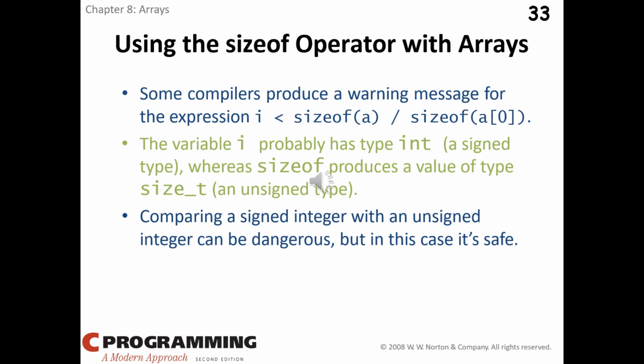The reason for this warning is that the variable i probably has the type int, a signed integer specifically, while sizeof produces a value of type size_t, an unsigned integer. Now, comparing a signed integer with an unsigned integer can sometimes be risky, but in this case it is actually safe to do so. So even though the warning message might make us hesitate, we can rest assured that our code is still safe and sound.